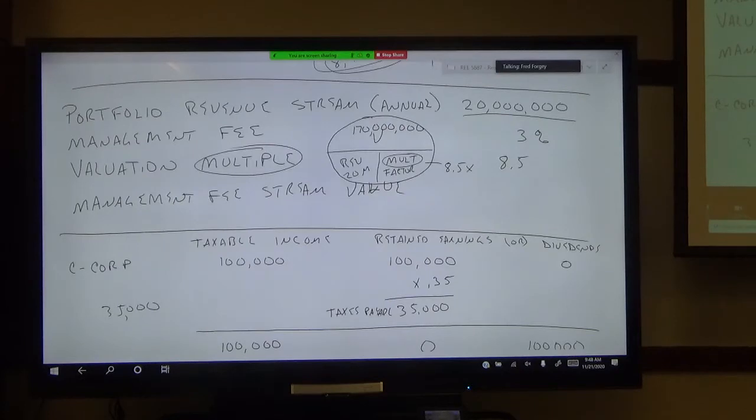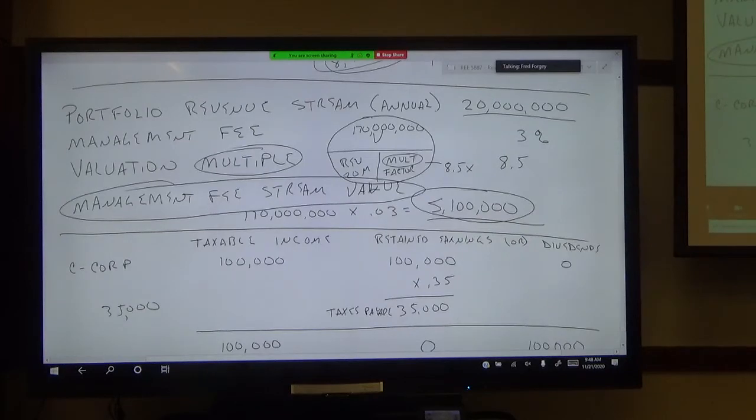From what we have just done, the management fee stream is going to be based on taking that 170 million, multiplying it by our 3% management fee, or 5.1 million would be the management fee stream value, which is what you're solving for.